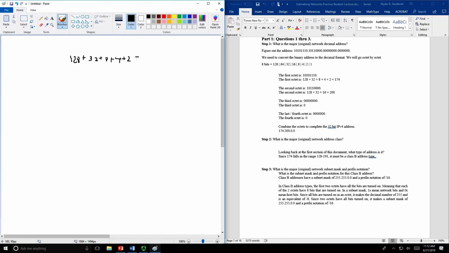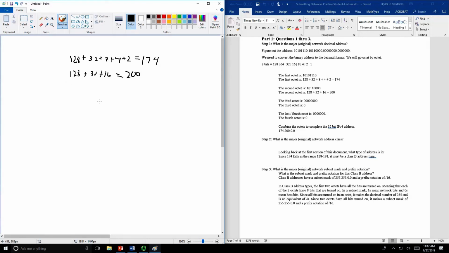So it equals 174. The next octet: again, we have 128 turned on, the 32-bit turned on, the 16-bit turned on, and all the rest are off. In this case, it equals 200.